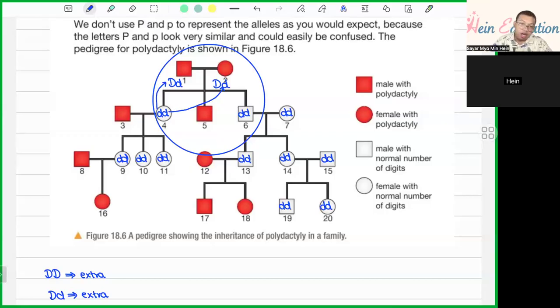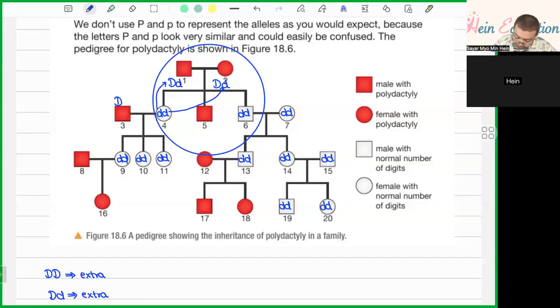Moving on to individual 3. Since it is red, he also has the extra digits, so for sure he will have capital D. But when we observe the offspring 9, 10, and 11, they are all homozygous recessive, with a normal number of digits.